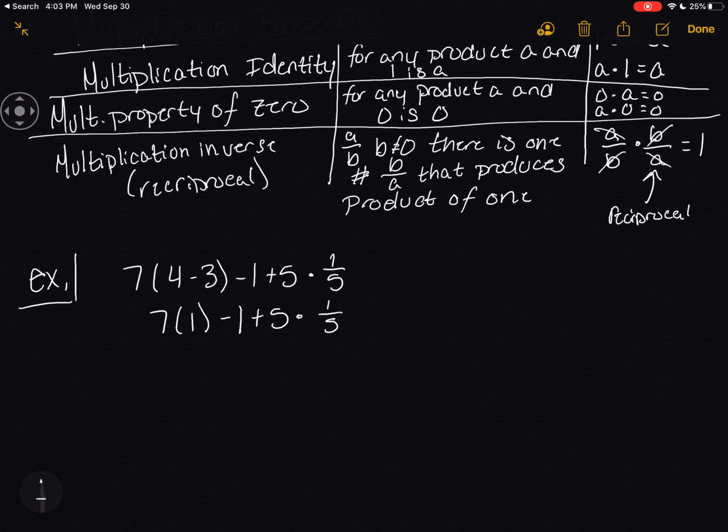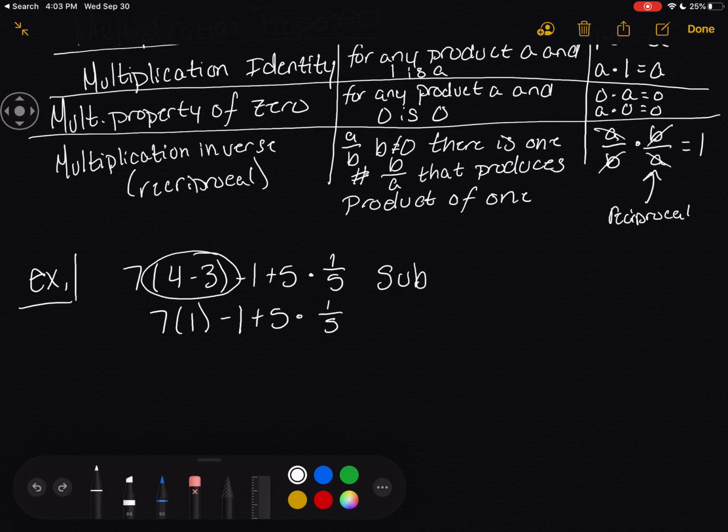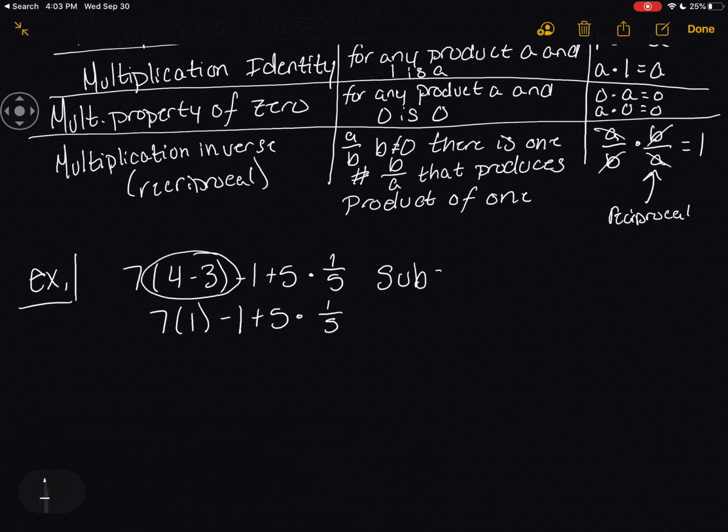Looking at that step, what I did was I combined together these, so I used substitution essentially, or I used just plain subtraction. It is substitution because I know 4 minus 3 is 1. They're the same thing.